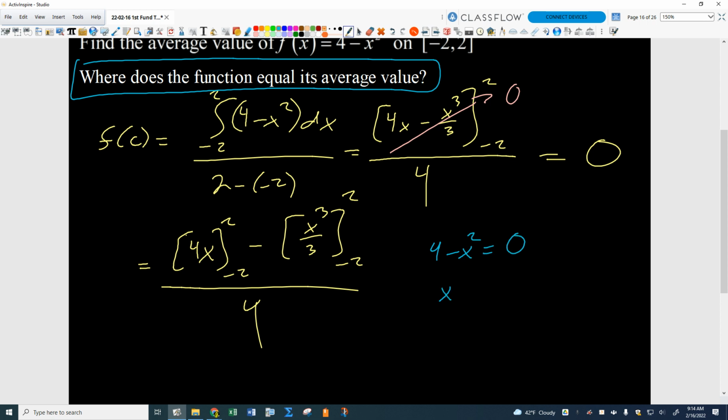Well, that's going to be when x squared equals 4, right? So what does x equal? Two and negative 2. Oh, you know what we didn't do, though? Oh, no, that's right. There's the function. Oh, the average, yeah, what the heck?